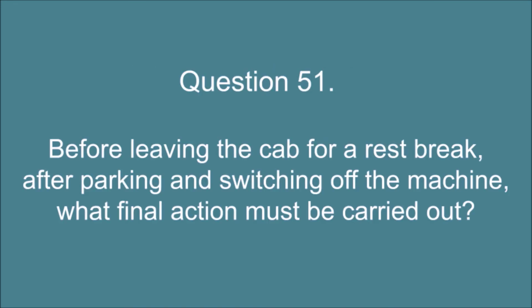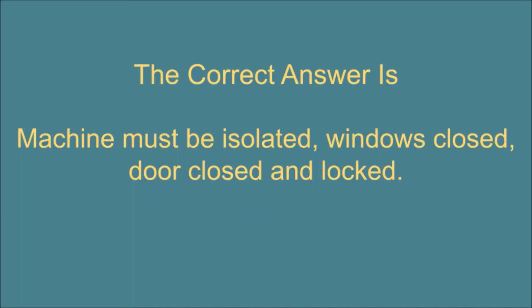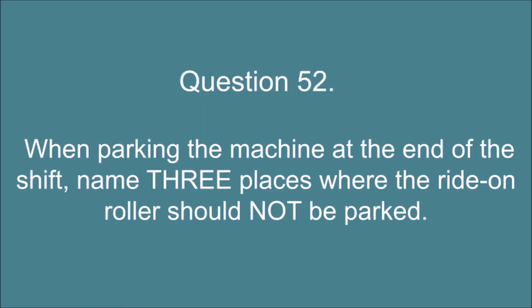Question 51. Before leaving the cab for a rest break, after parking and switching off the machine, what final action must be carried out? The correct answer is machine must be isolated, windows closed, door closed, and locked. Question 52. When parking the machine at the end of the shift, name 3 places where the ride-on roller should not be parked.